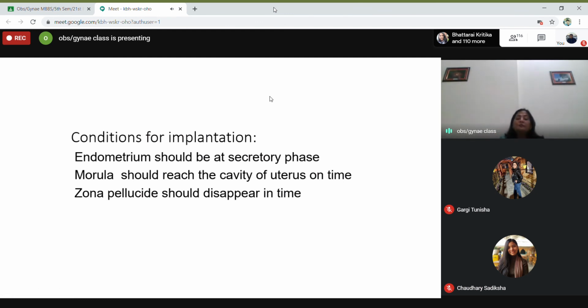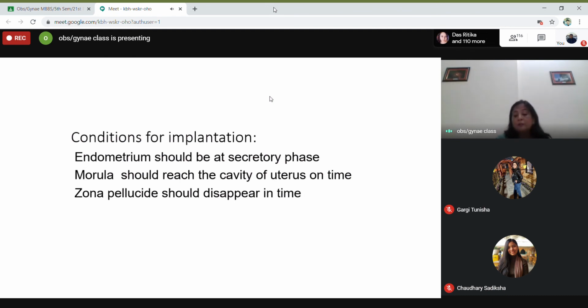What are the conditions for the implantation? There are some conditions for the implantation. For the implantation, the endometrium should be at the secretory phase. If it is at the proliferative stage, the implantation cannot occur. So for IVF and all those things, we make the endometrium at the secretory phase before we enter the ovum.